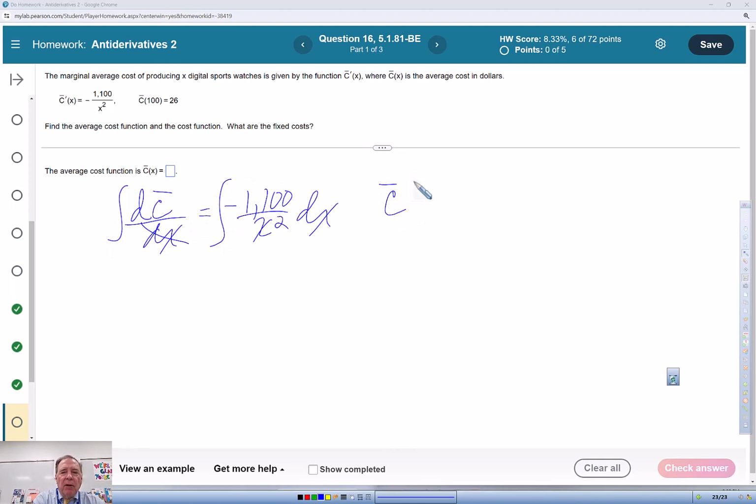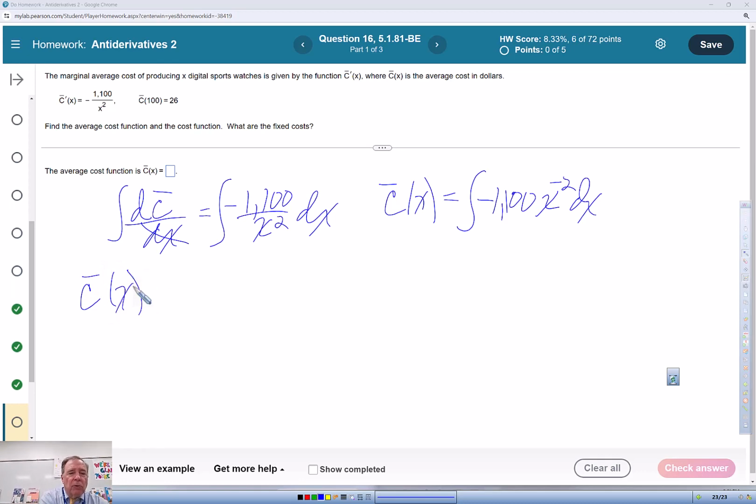So C bar of x equals the integral, and I'm going to change this to negative 1100 times x to the negative 2, move this across the fraction bar, change the sign on the exponent. Now I can use the power rule, antiderivative rule. So I get negative 1100 times, add 1 to this exponent, get x to the negative 1, divide by the new exponent, then plus c.